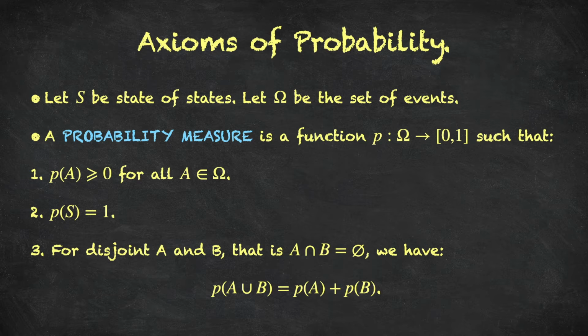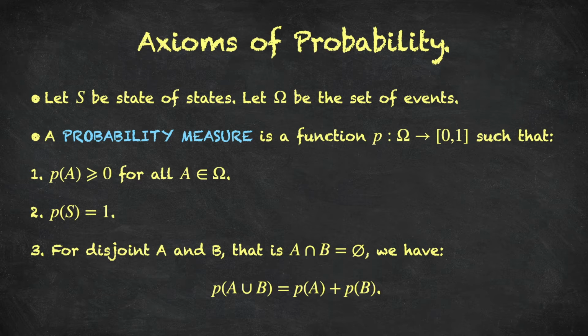The second is a normalization, which is not really needed, but it's a convention that we keep, that if we take the probability of the entire state space, so the probability that something happens, I suppose, then that is simply equal to 1. Okay, so this is a normalization. A different number could have been chosen, but we take probability 1 to be absolute certainty.